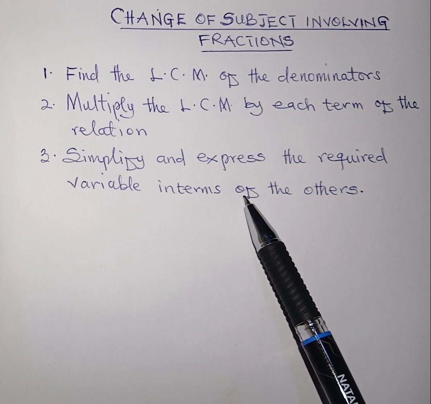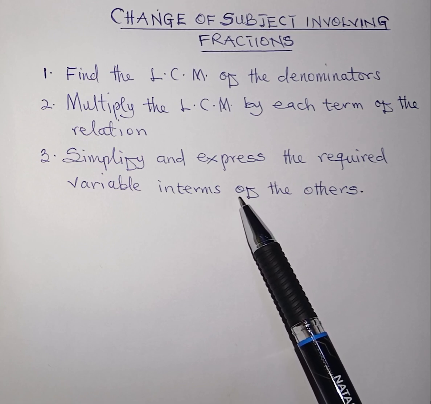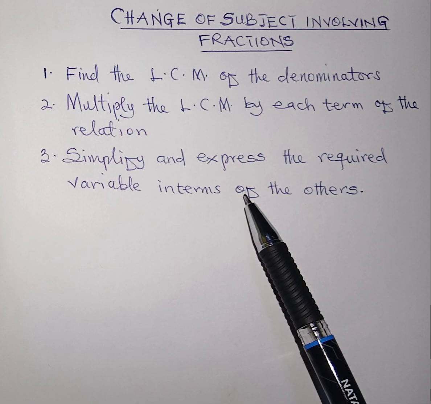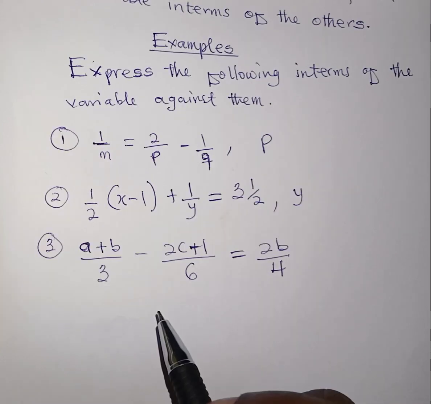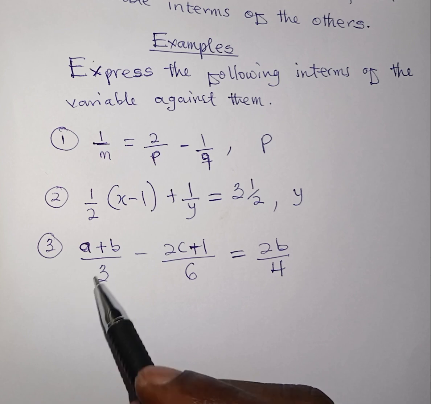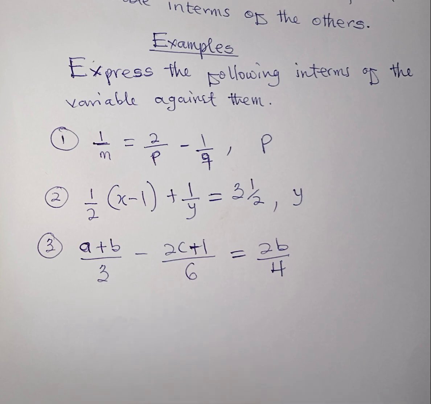So we'll not waste time. Let's take a few examples and see how we can deal with them. Now let's look at the following examples. We are asked to express the following in terms of the variable against them.